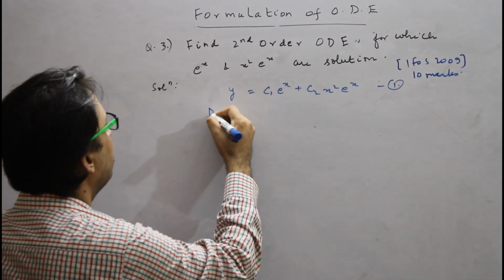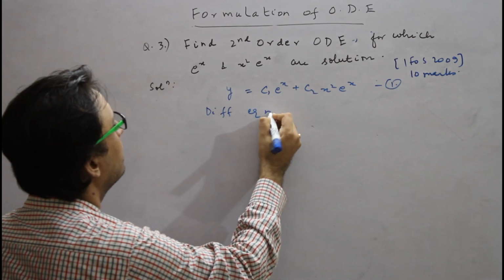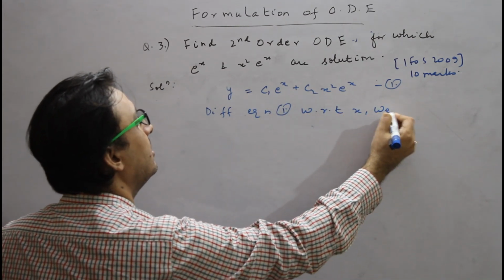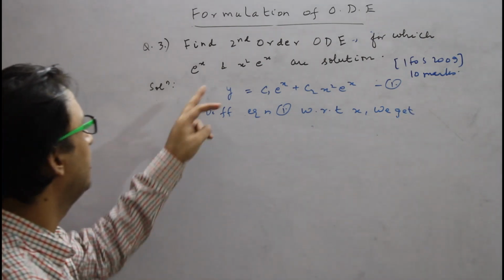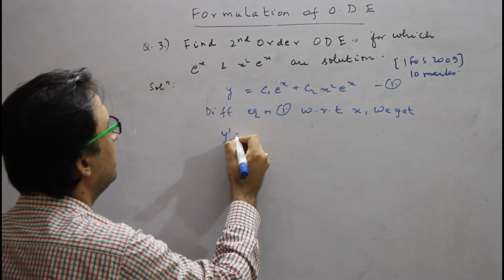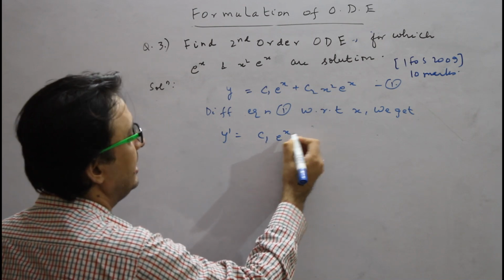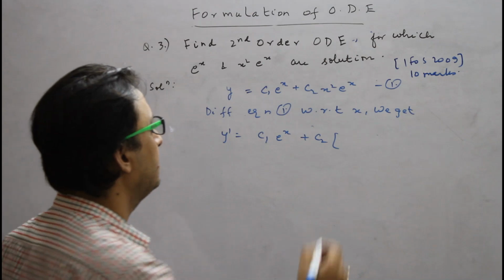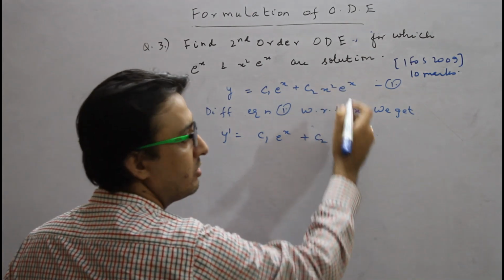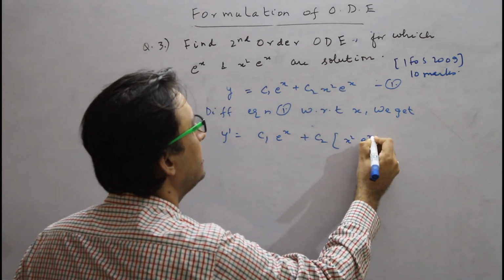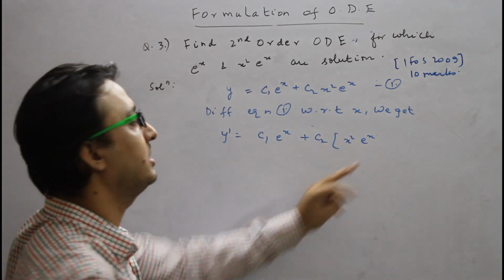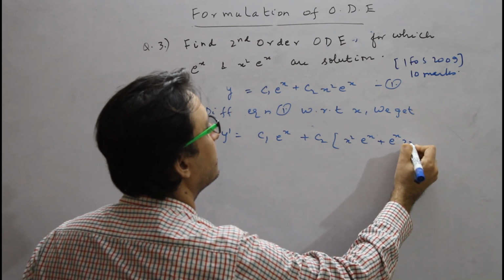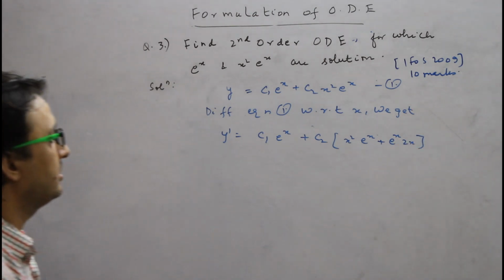Now I am going to differentiate equation 1 with respect to x, and we will get y dash is equal to c1 e to the power x plus c2, and if we keep x square constant, e to the power x differentiation is e to the power x. Now I take e to the power x as constant and differentiate x square, so this is our answer.